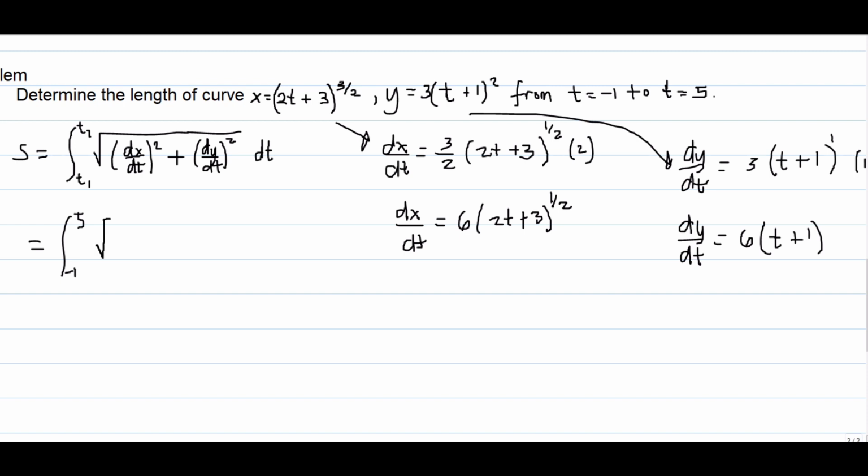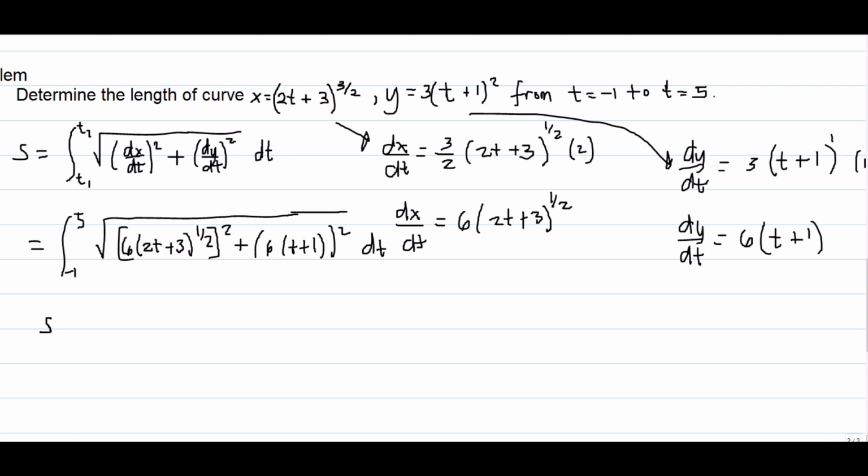Then we take the square root: 6 times the quantity 2t plus 3, to the power 1/2, in brackets, squared, plus the equivalent of dy, which equals 6 times t plus 1, squared, then dt.